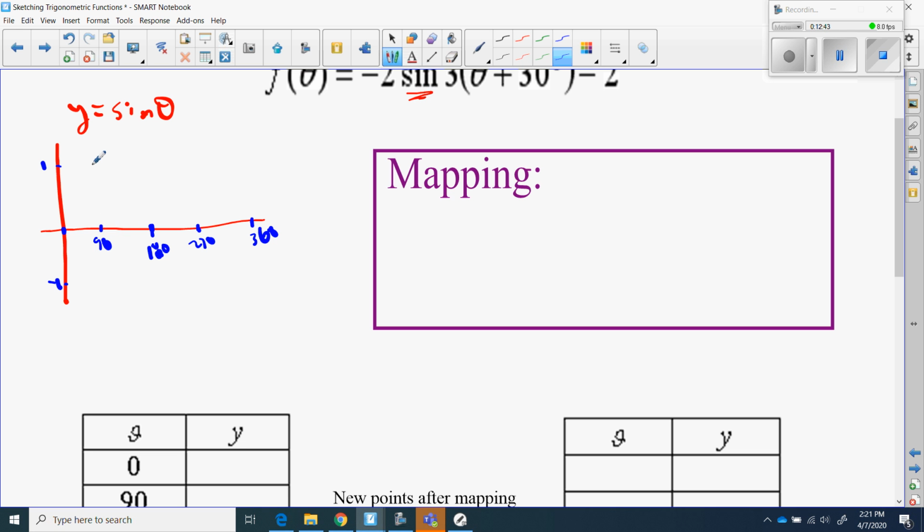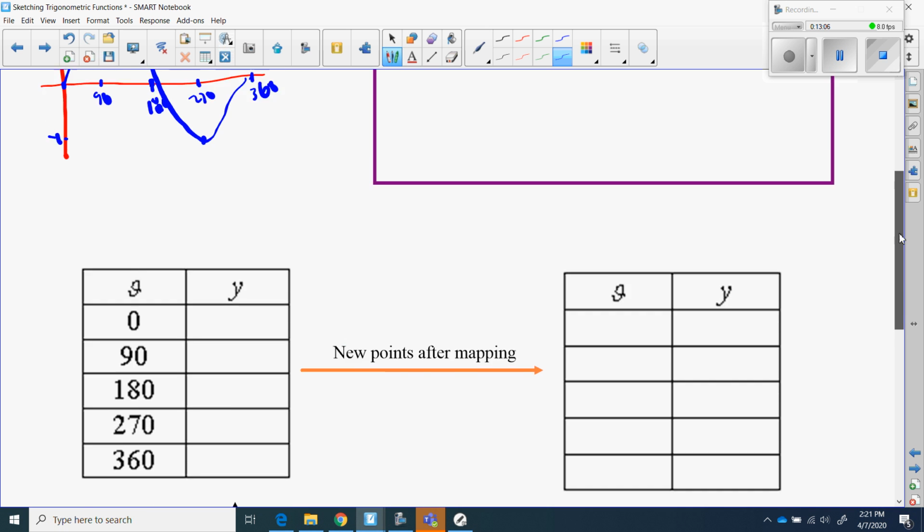The sine of 90 is 1. The sine of 180 is 0. The sine of 270 is -1. And the sine of 360 is 0, giving me a wave that would look something like that.